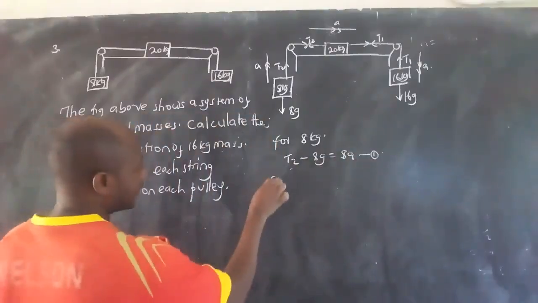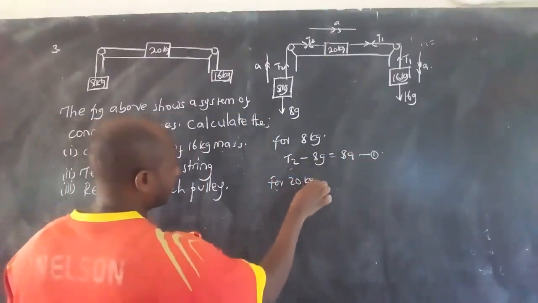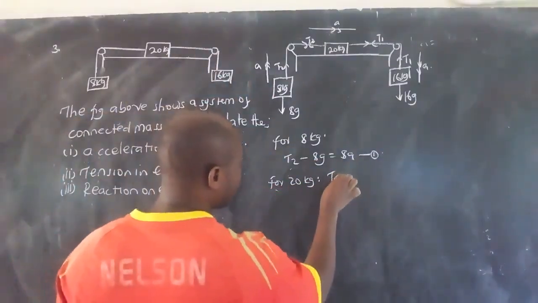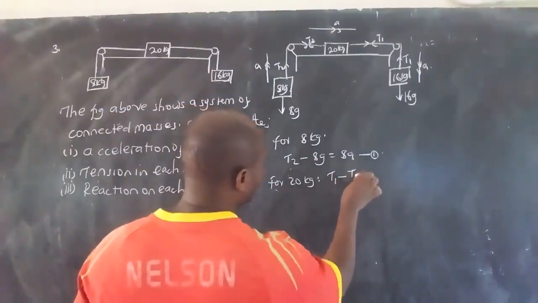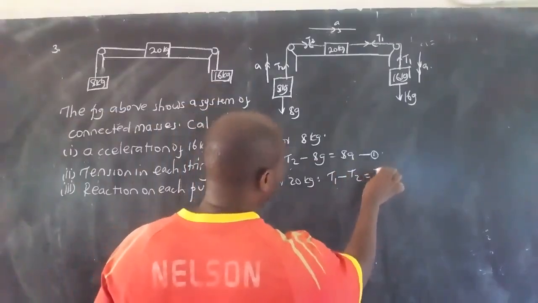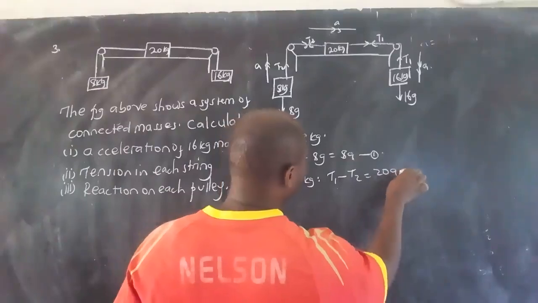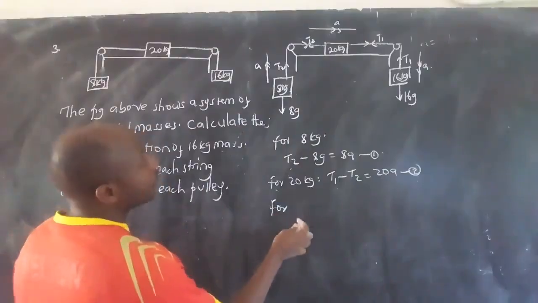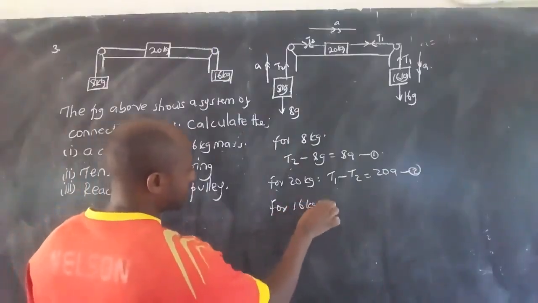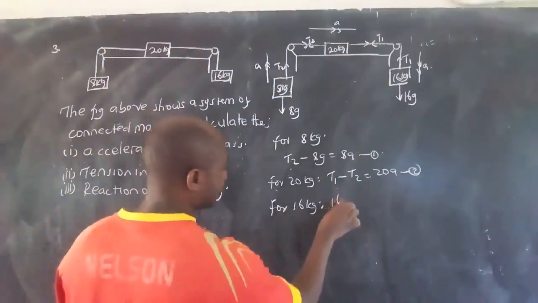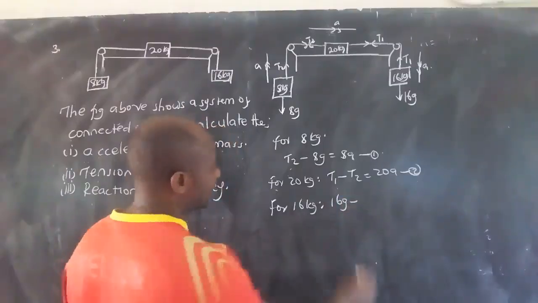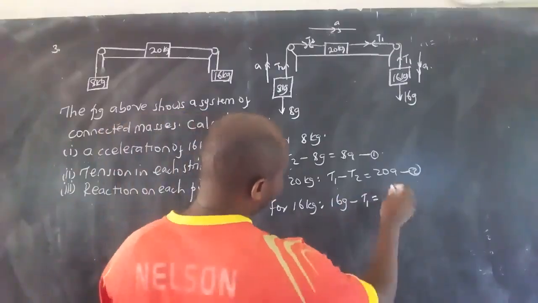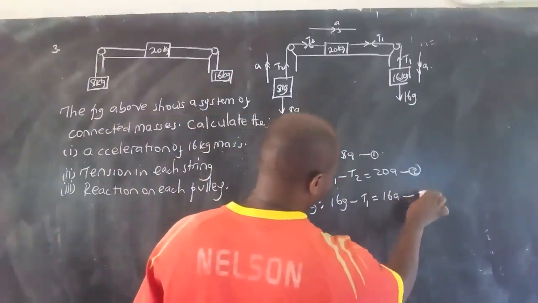Then for 20 kgs, we have it to move in that direction, so it's T1 minus T2, giving us 20A, equation 2. So for 16 kgs, we shall have 16g minus T1, giving us 16A. Equation 3.